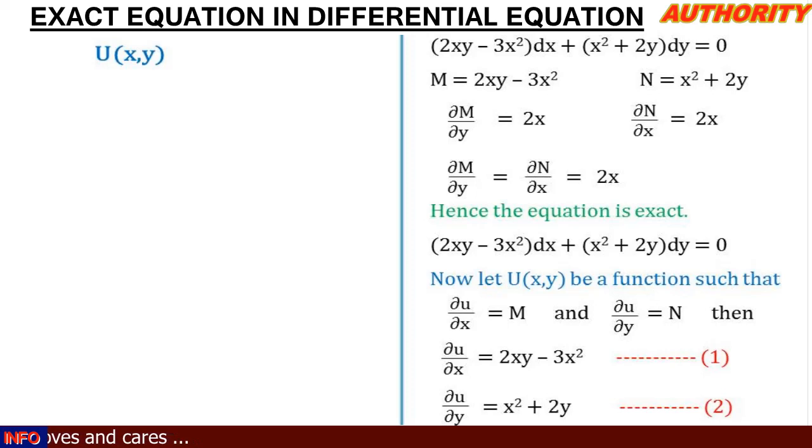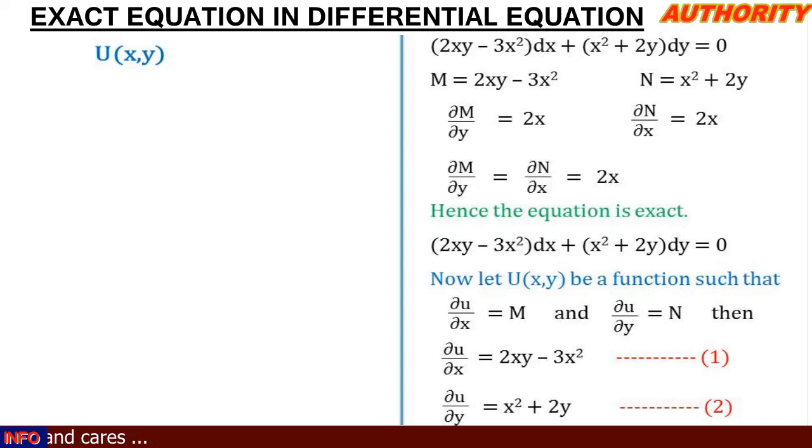And this same function, if you differentiate it partially with respect to y, it's going to give you x squared plus 2y. So that is the function we are looking for. So that is the solution.